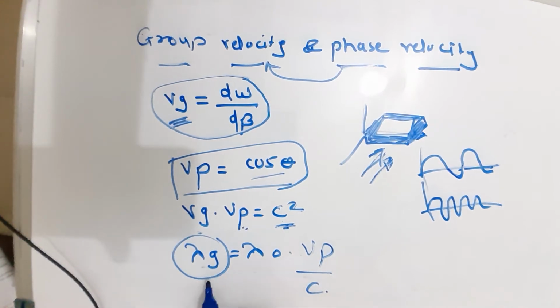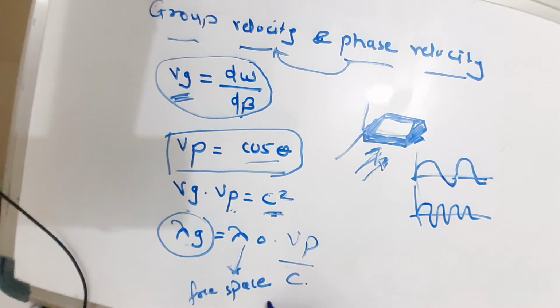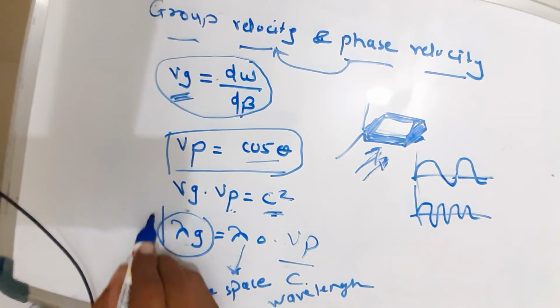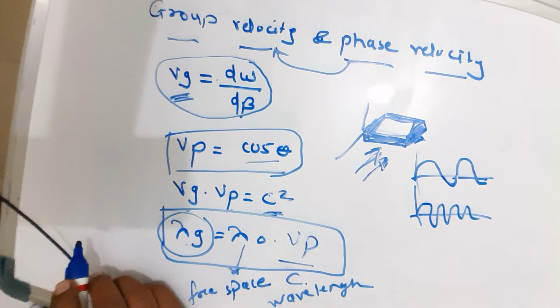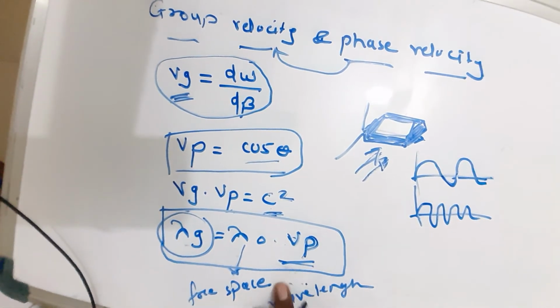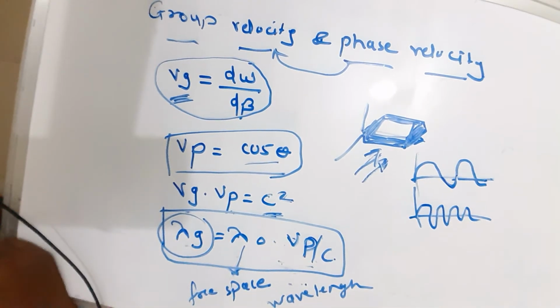So lambda g equals lambda 0 into Vp divided by c, where lambda 0 is the free space wavelength, Vp is the phase velocity, and c is the velocity in free space.